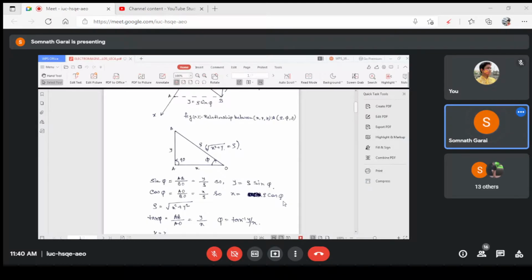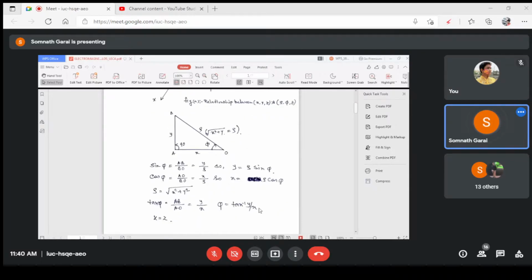Now we determine the relationship of rho with respect to x and y. As it is a right angle triangle, the hypotenuse square is equal to base square plus perpendicular square. So, mind it, this is y square.